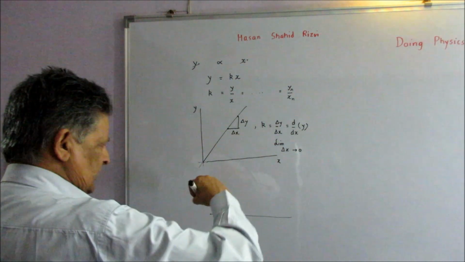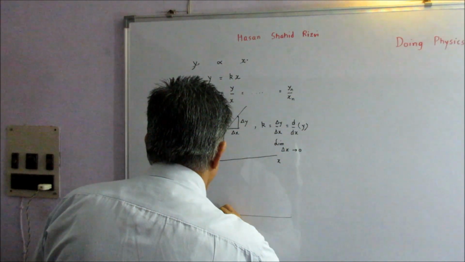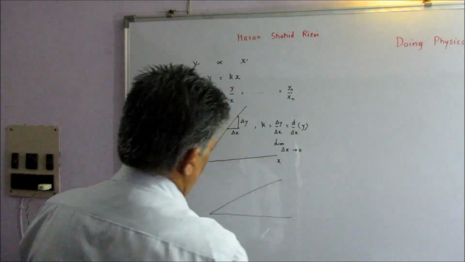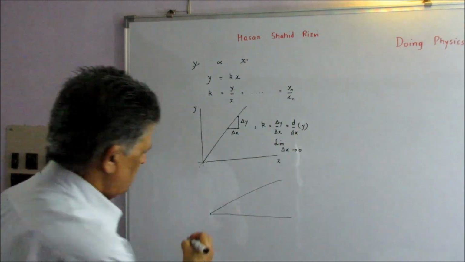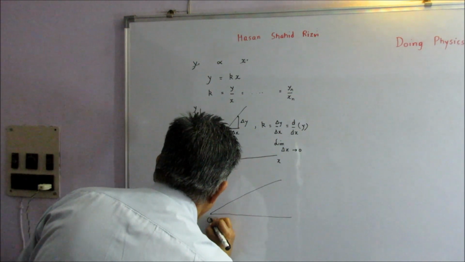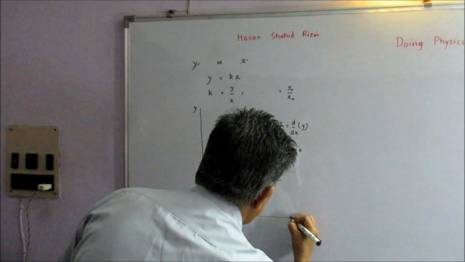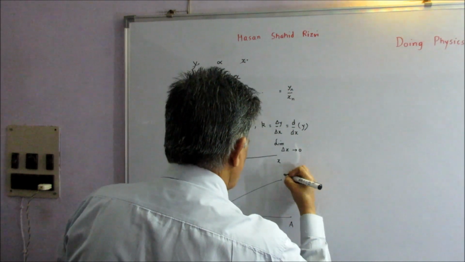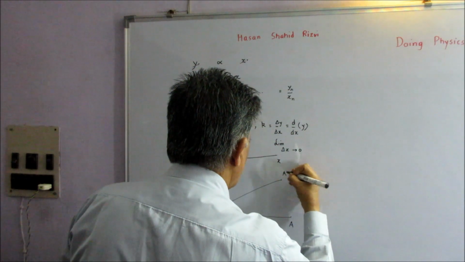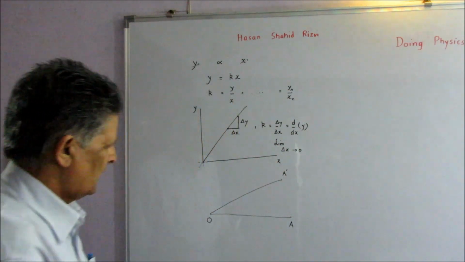If I rotate this line counterclockwise, then I call this point as O, this point as A, and this point becomes A prime, a new location.